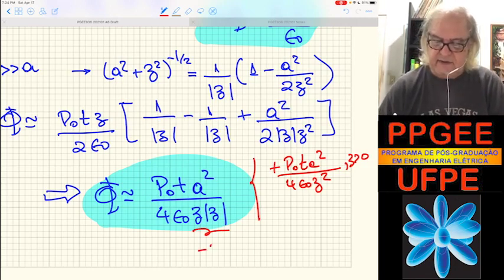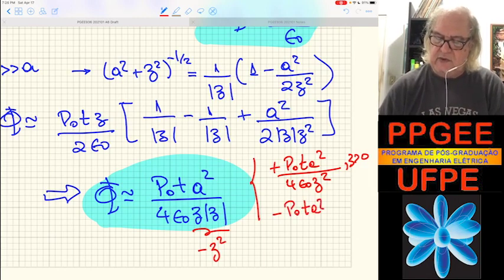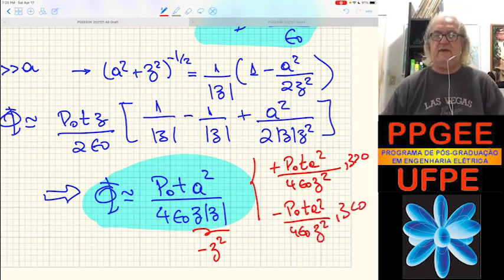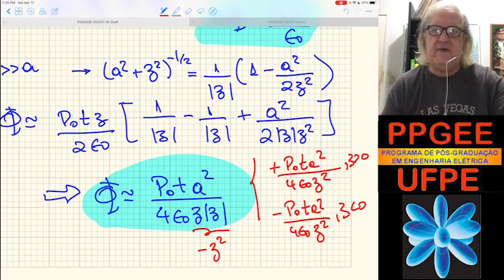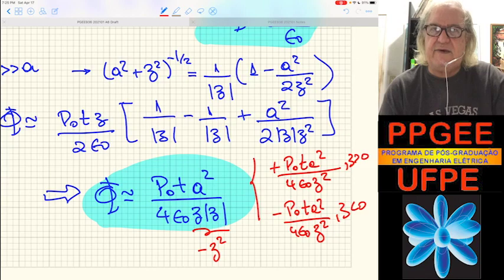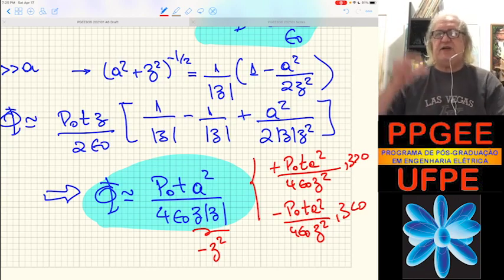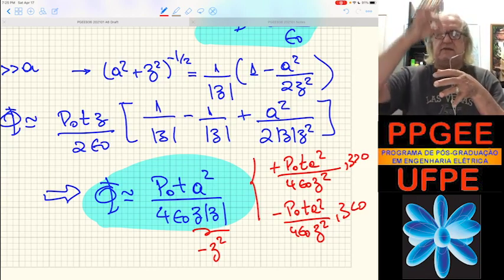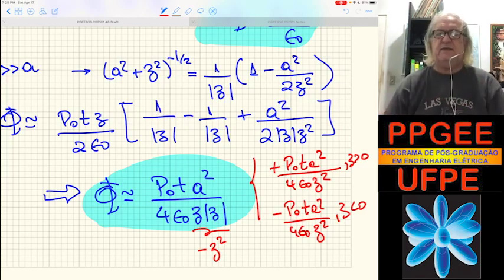So it's going to be minus P0 T A square over 4 epsilon 0 z square for z negative, as we showed before. So this is the result we have. So in summary, the insulated disk, which is polarized, has a net electric effect. If I put a charge nearby, it's going to be repelled or pulled towards the disk.